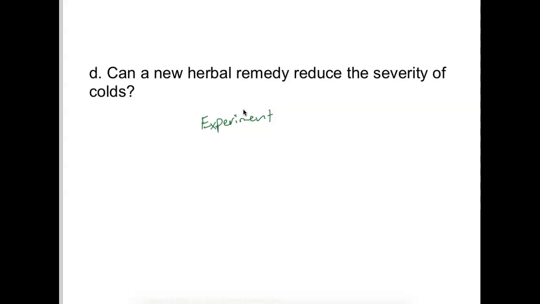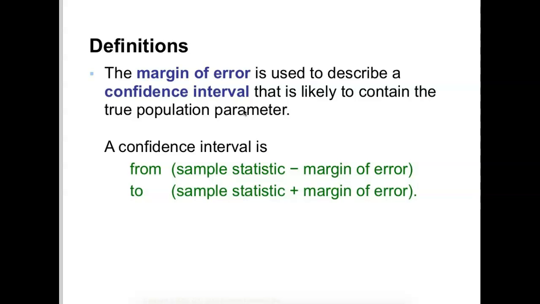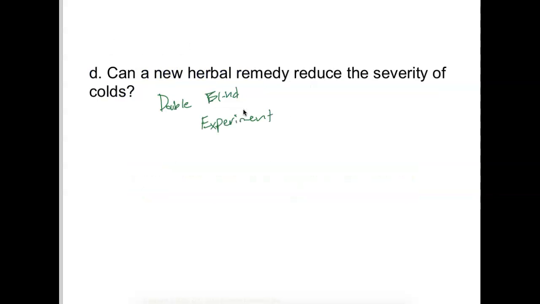But you would want to test it against a control group who are also taking something that's not the treatment. So you would want a placebo group, right? Which means we need at least a single blind study here. Now, I would also argue that when we're talking about severity of colds, we would need a doctor to diagnose how severe the cold is. So you probably want it to be double blind. So I'm going to say double blind experiment. All right.